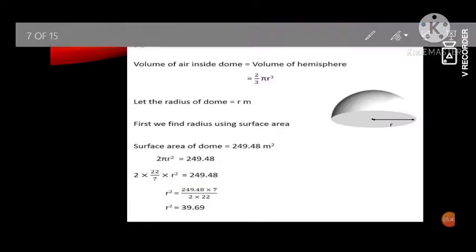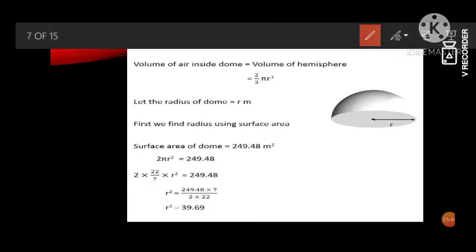Second part is we have to find the volume of air inside the dome, that is volume of the hemisphere, that is 2 by 3 pi r cube. Now here we do not know the value of r, so we will first find the value of r. Let the radius of the dome be r. To find the value of r, we are going to use the inner surface area.